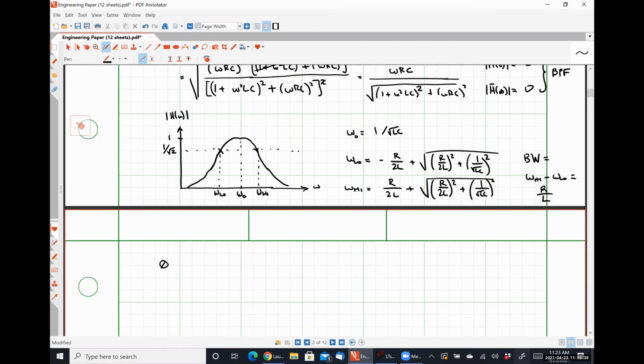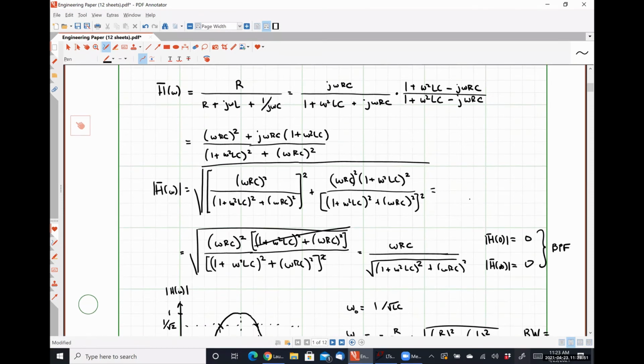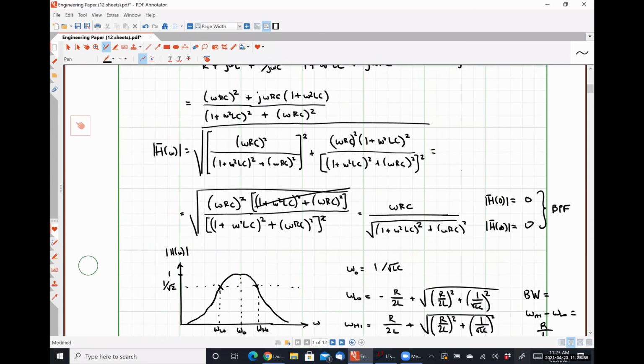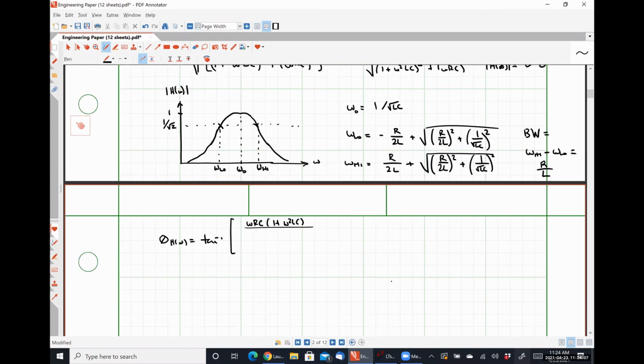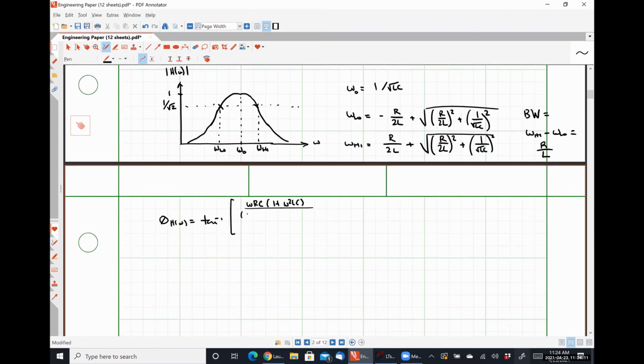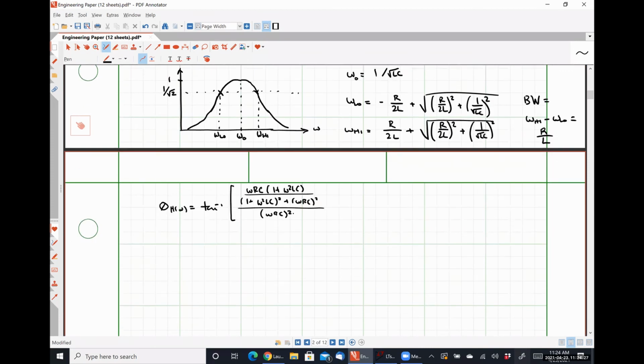Our phase response, theta H of omega, is the arctangent of our imaginary portion, which is omega RC over (1 plus omega squared LC) squared plus (omega RC) squared, and then we have our real part, which was (1 minus omega squared LC) over the same denominator.